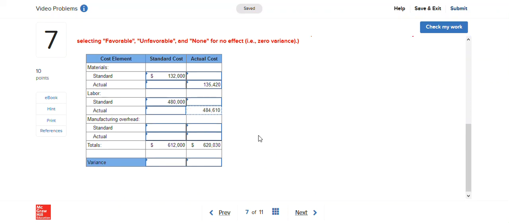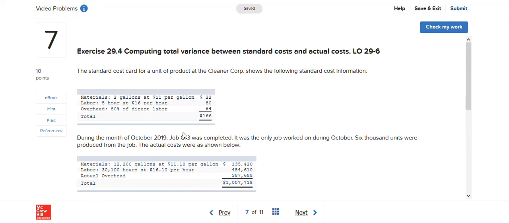And our overhead, our standard amount is 80% of our direct labor standard. So our direct labor standard was $480,000, and our percentage of manufacturing overhead should be 80% of that.